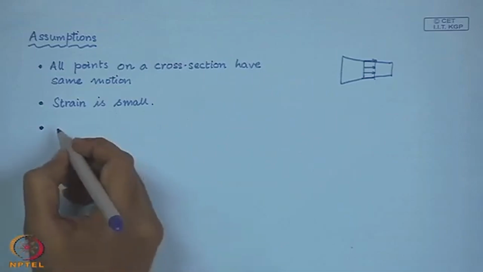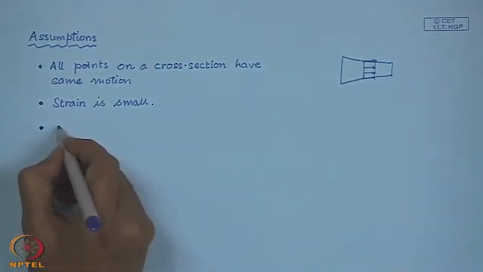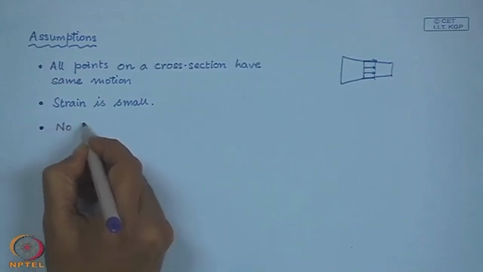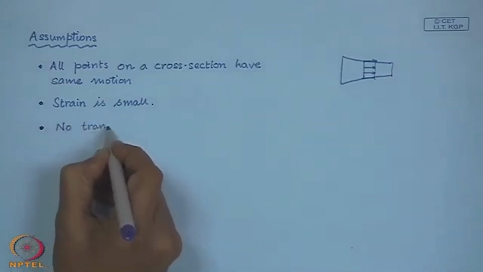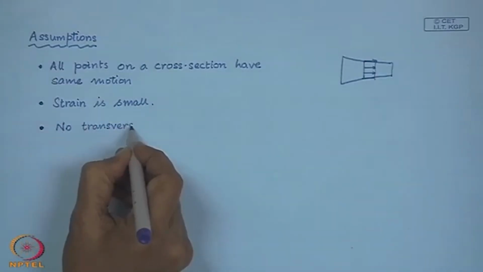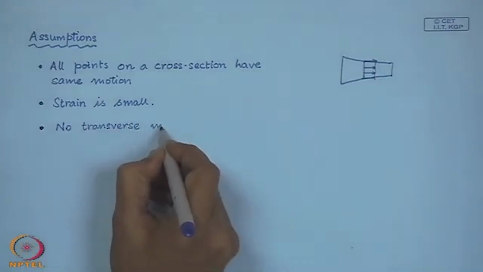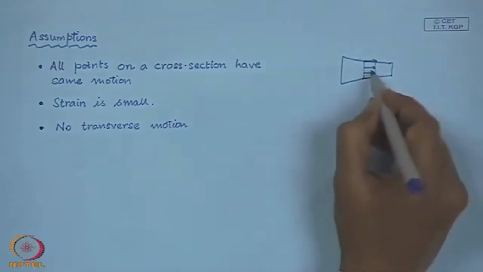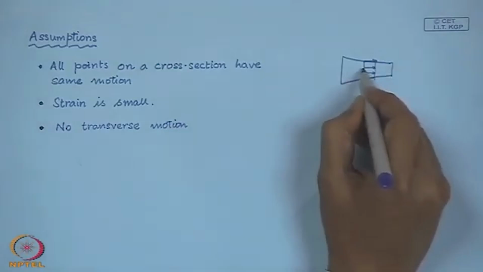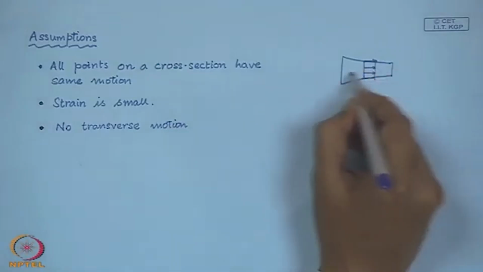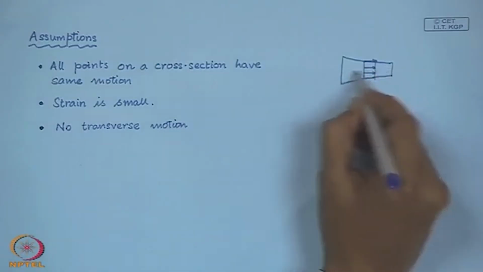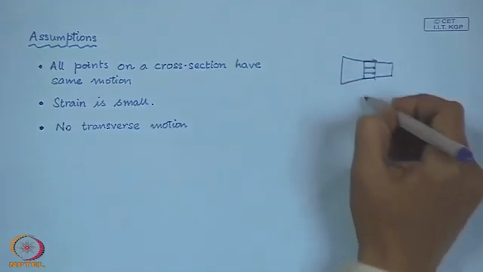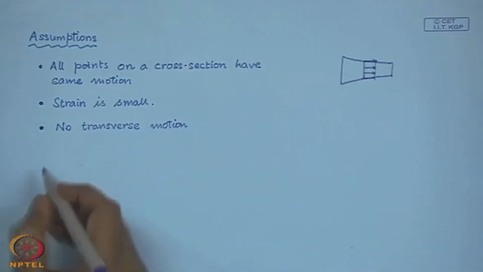The third assumption is that there is no transverse motion of the bar. So, in this bar, the material points are vibrating only along the axis of the bar. There is no transverse motion.